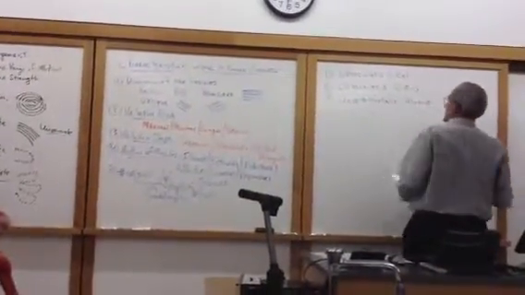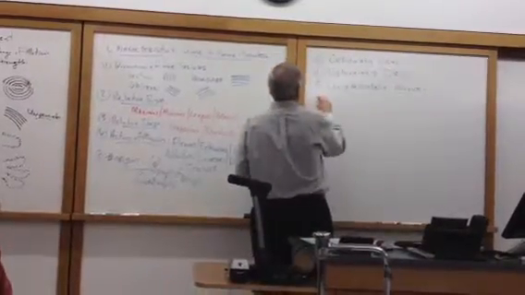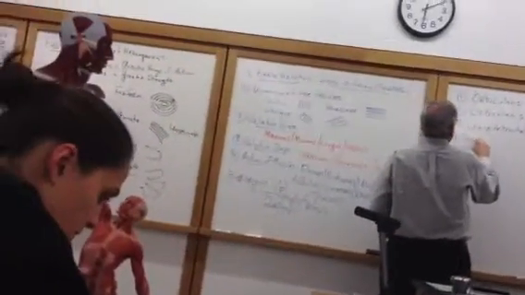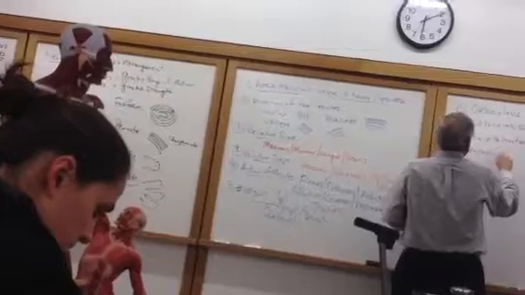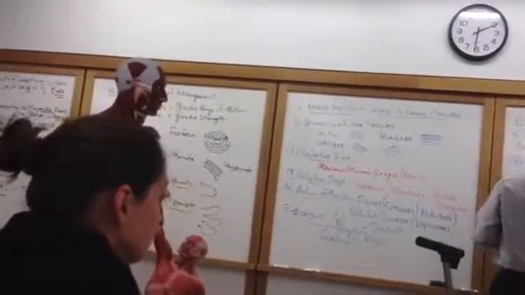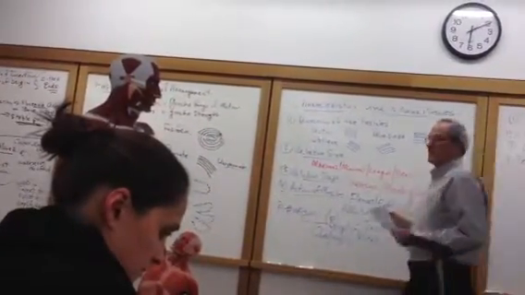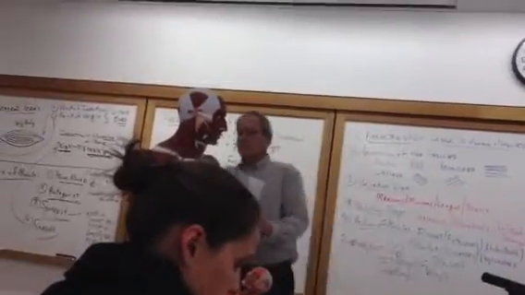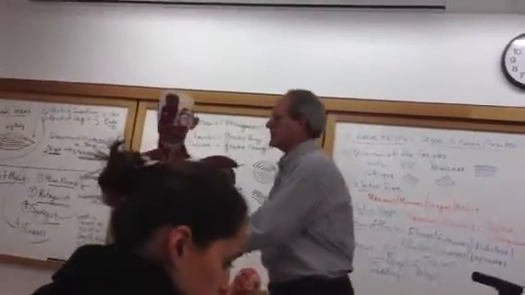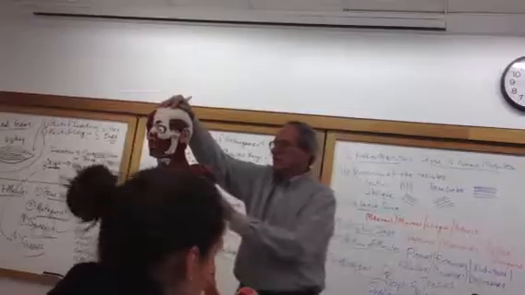The next muscle, I think it's probably on your sheet, is the temporalis. Temporalis muscle is this one here, located right over the temporal bone. This would be the temporalis.